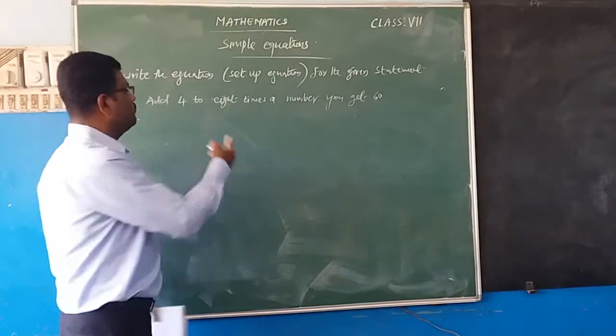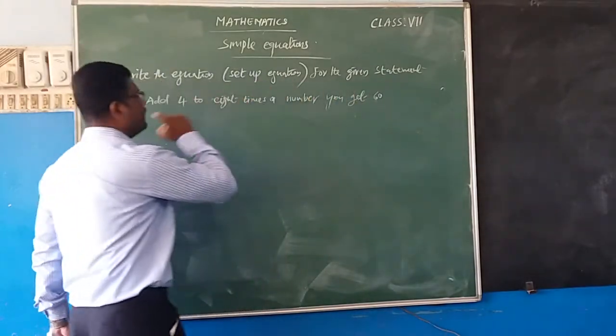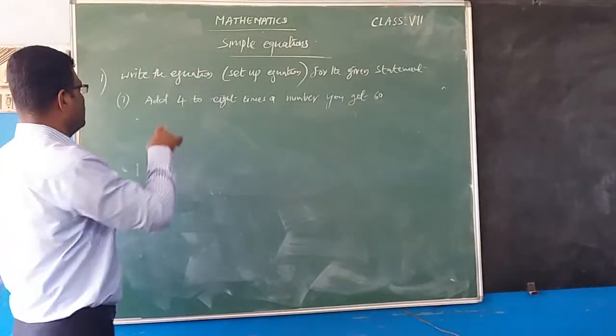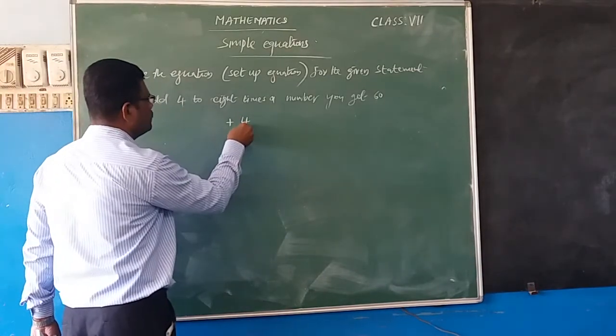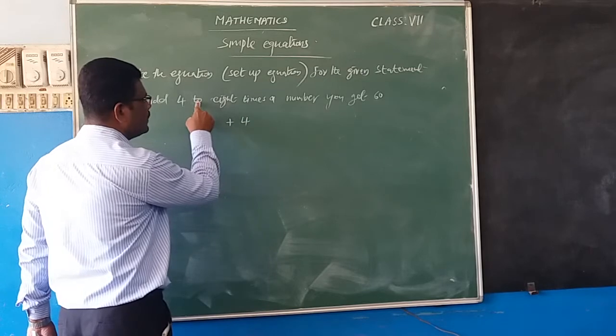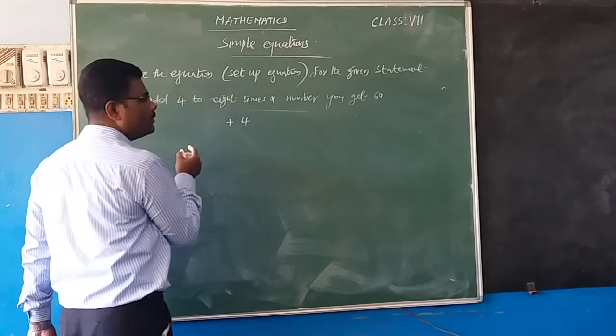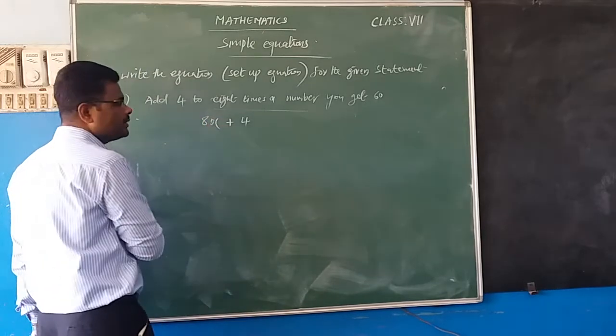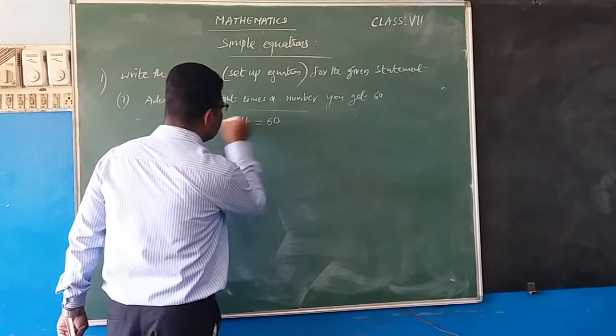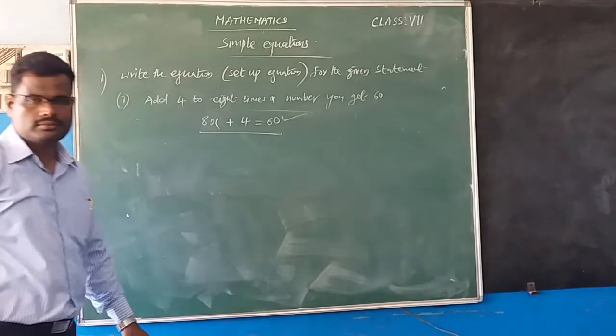Statement is given. For the given statement, you need to write the equation. Very easy. Add 4 to what? 8 times the number. Suppose the number is x, 8 times the number is 8x. So that you will get 60. This is the answer. Clear?